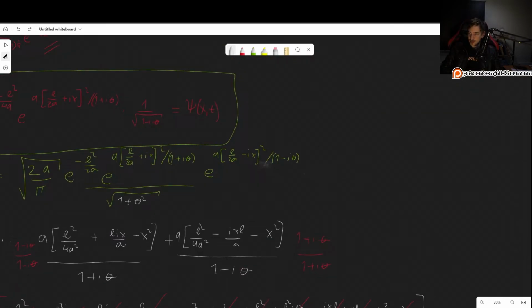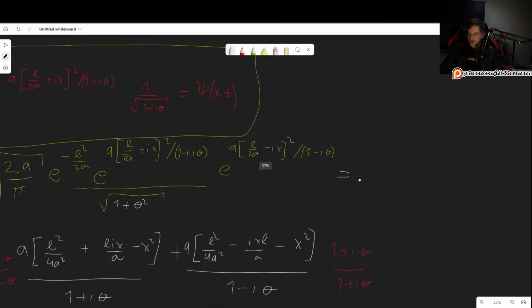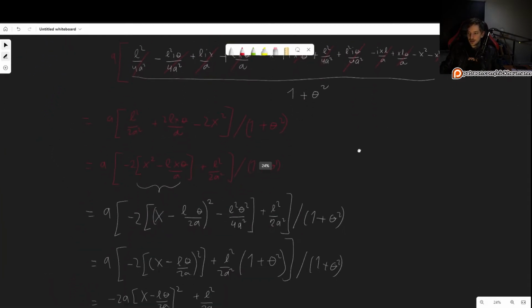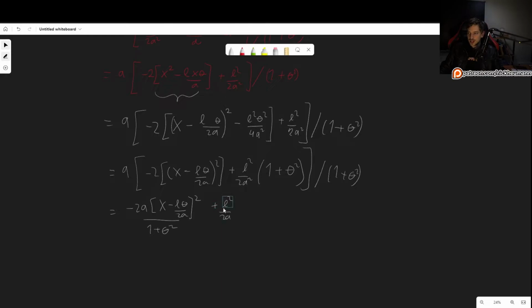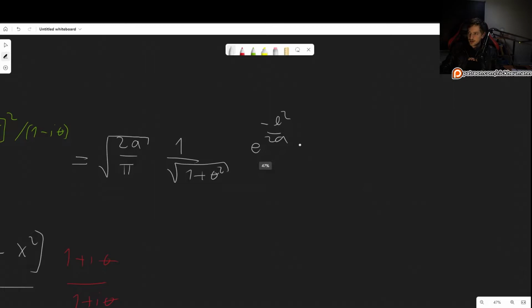So instead of that horrible, terrible thing, we get, let's see, square root of 2a over pi, then 1 over square root of 1 plus theta squared. Then we have e to the minus L squared over 2a, right? This is the one that we didn't touch. And now comes our result. So we get e to the L squared over 2a. And take a look at that. e to the L squared over 2a.